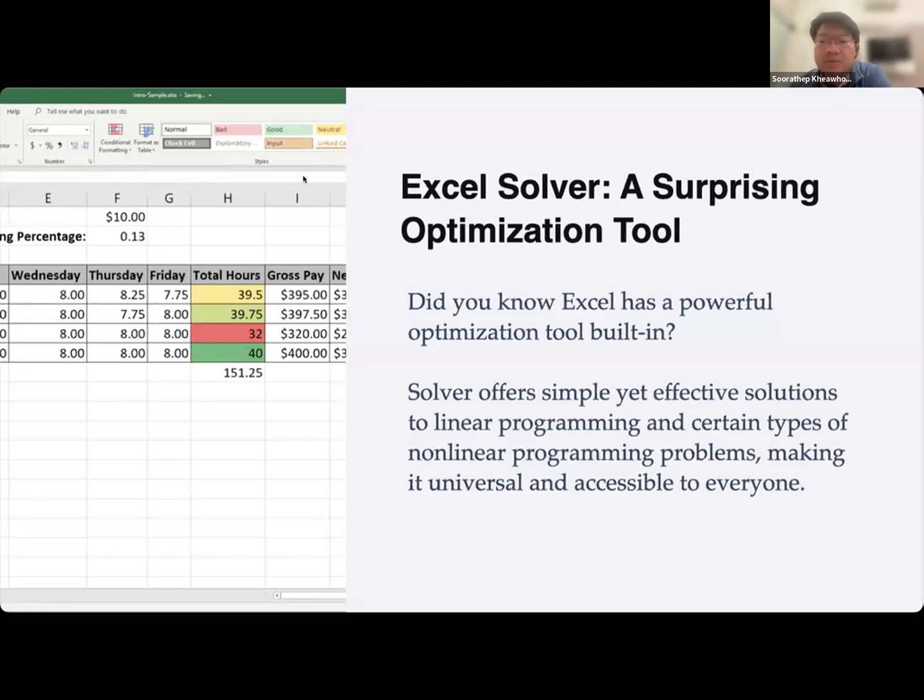But there's a limitation on some types of problems that Excel Solver cannot solve. For example, mixed integer linear programming, this thing you cannot use Excel Solver to solve. But anyway, Excel Solver is still a good tool.